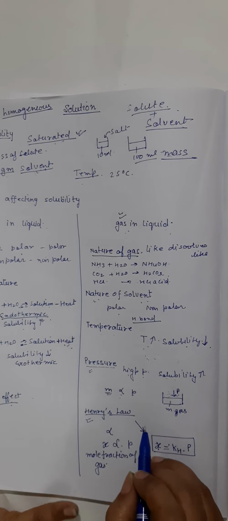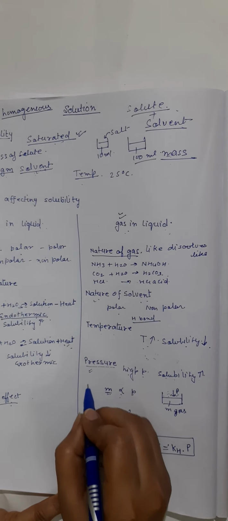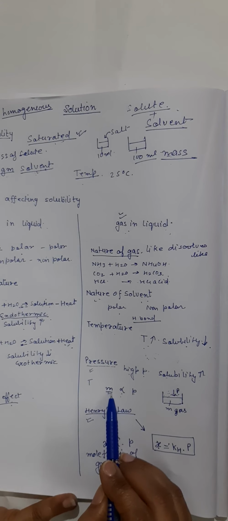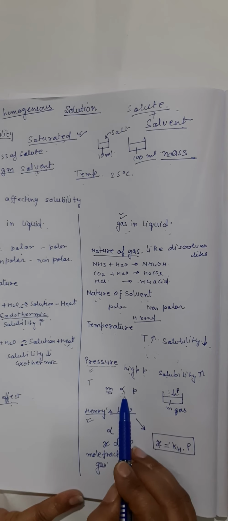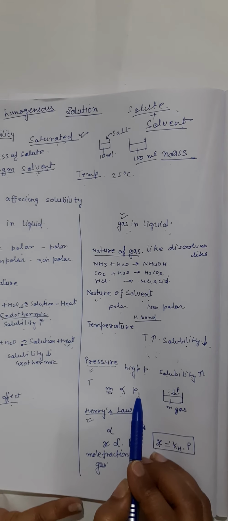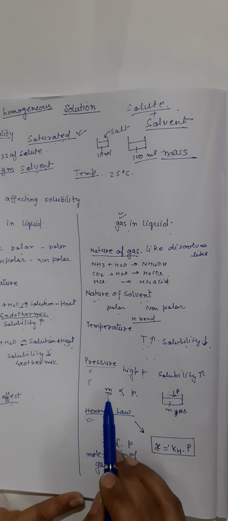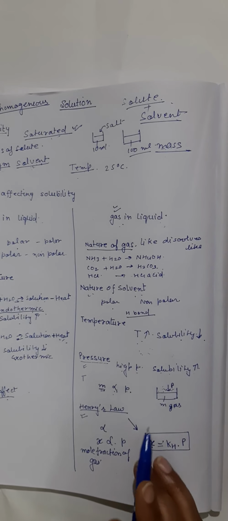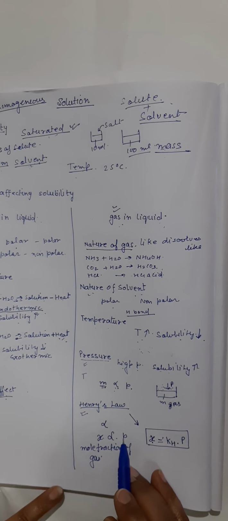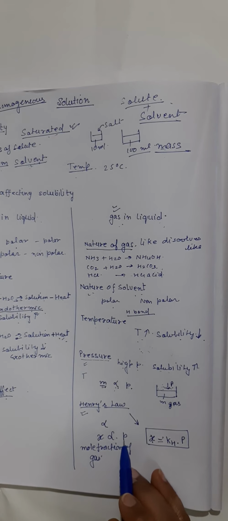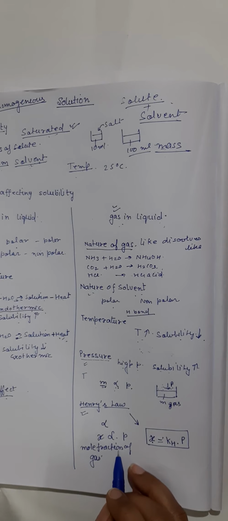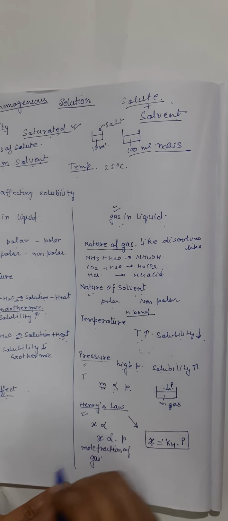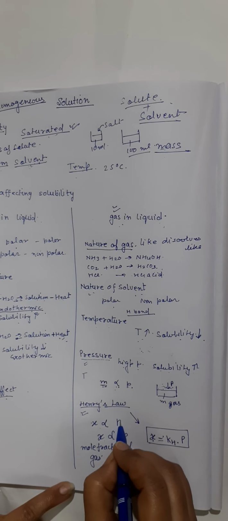So what do we say? At a given temperature, temperature has to be constant in all the cases, the mass of gas dissolved in a given amount of liquid is directly proportional to pressure of the gas over the liquid surface. Generally our calculations take place in the form of number of moles. When moles are correlated with the amount of solvent, there are various ways. One of the ways is mole fraction. If you write mole fraction as X, it will be directly proportional to pressure of the gas.